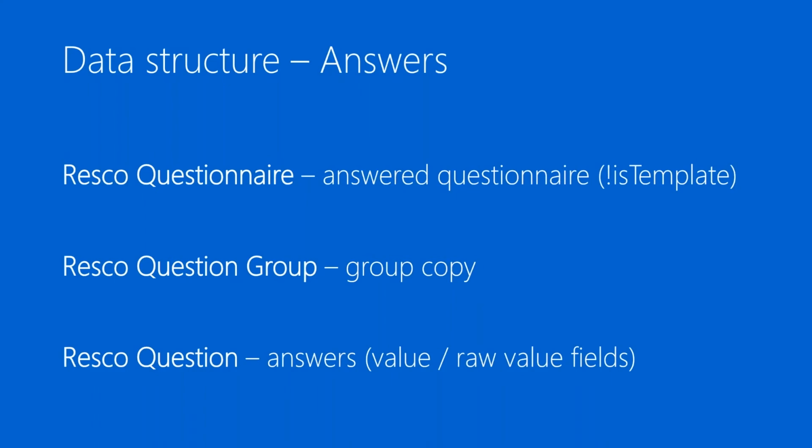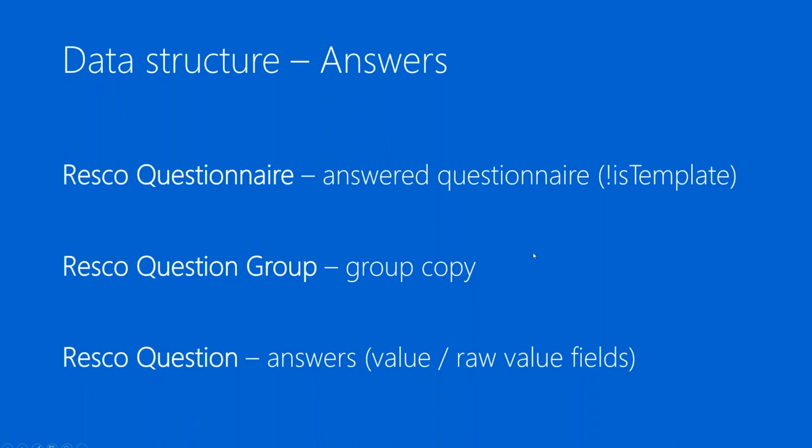But where it gets a little bit more complex is that the same set of entities is used to also hold the answers. As I said, when you execute a questionnaire template, we create a copy of this questionnaire template. And since it's a copy, it has all the same fields, basically everything is the same, so we decided to store it in the same actual entity, Resco questionnaire. So the answered questionnaire will also be stored in the same entity, but it has one field, is template, which will be set to false.